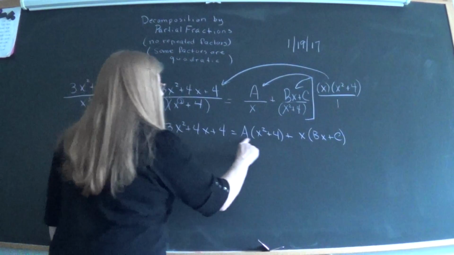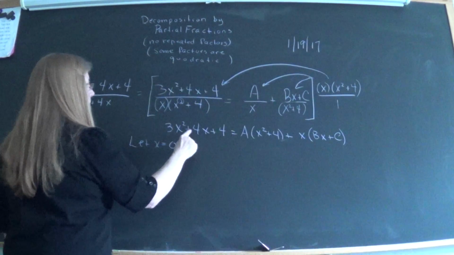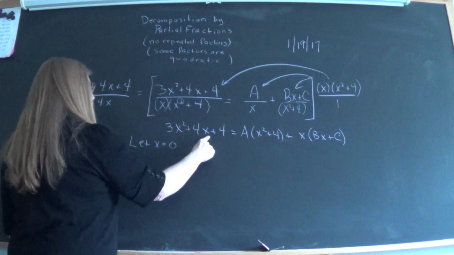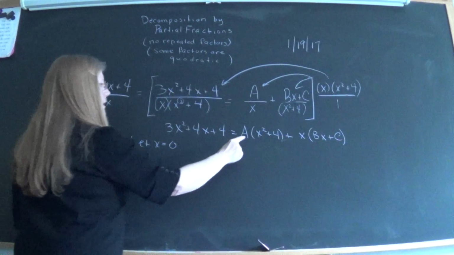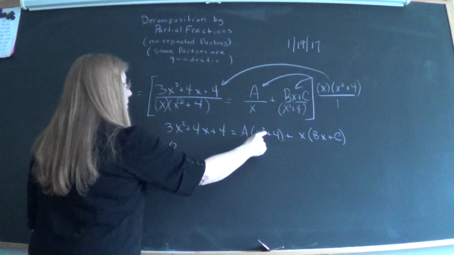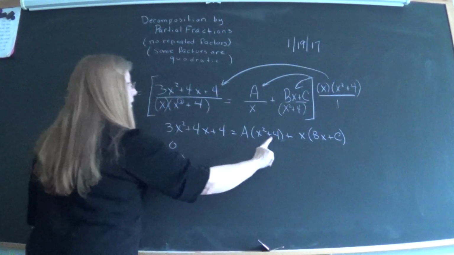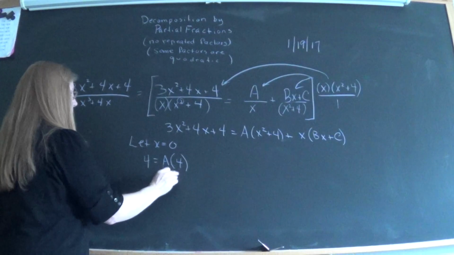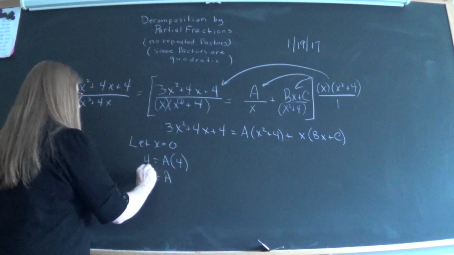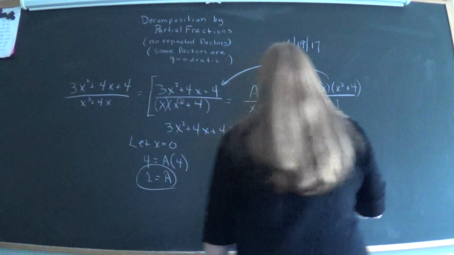So putting in a 0 everywhere there's an x, I get 3 times 0 squared, which is 0, plus 4 times 0, which is 0, plus 4. So only a 4 on the left. Then A times 0 squared plus 4, which is A times 4, and this all zeroes out. So very quickly I see 4 equals 4A, or A equals 1. So that's my first mystery solved.